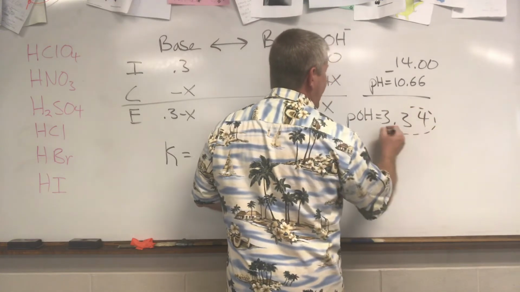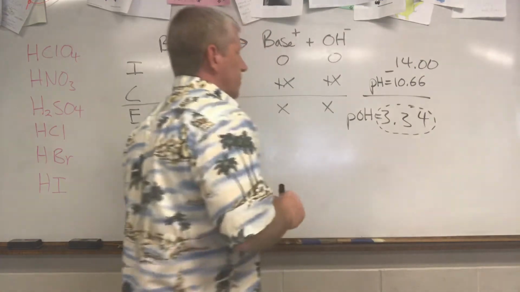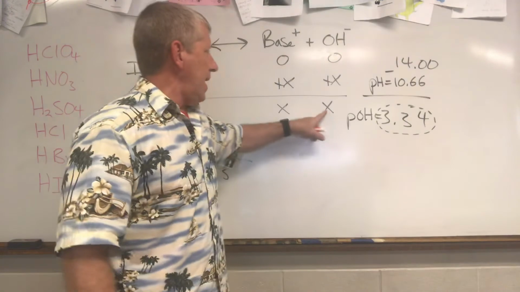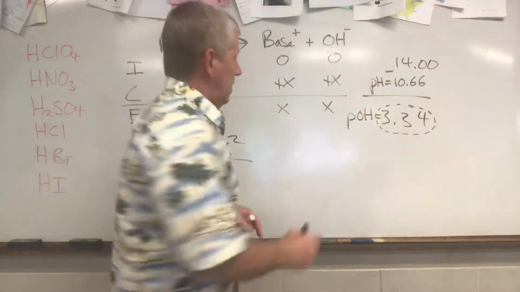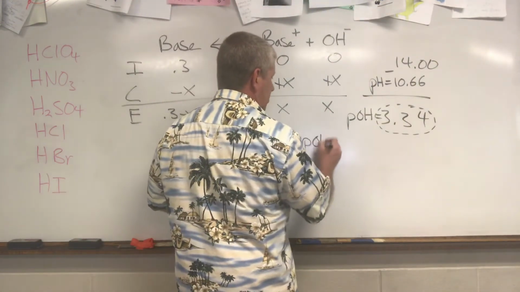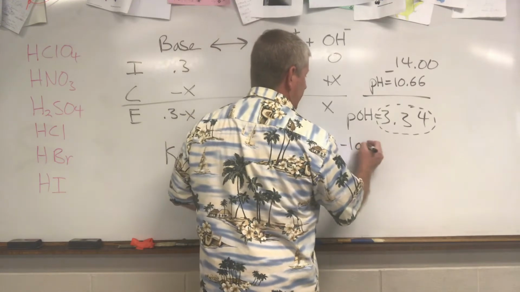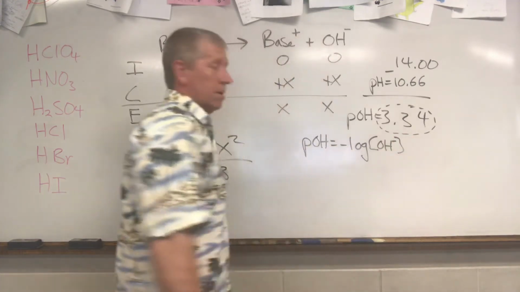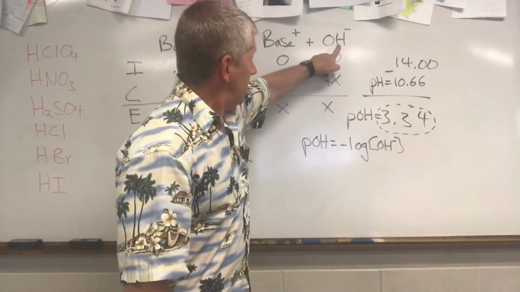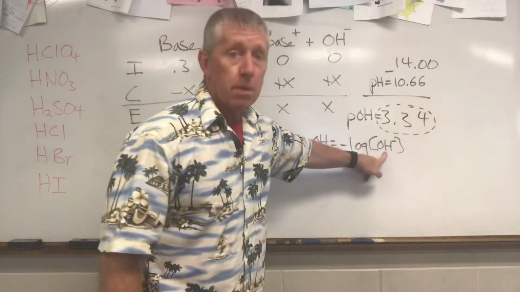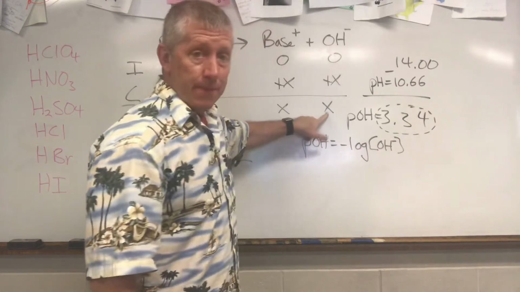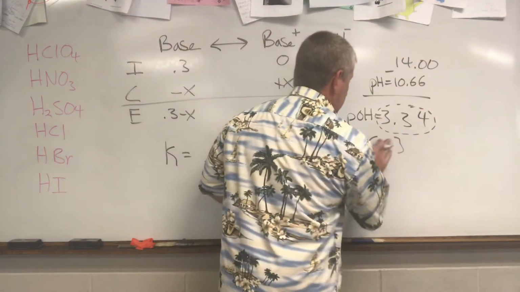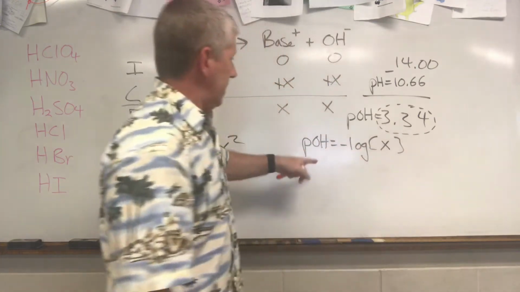So the pOH is 3.34. That doesn't help me directly, because that's not x. However, in our pOH equation, which is equal to negative log of OH, the OH is the x. Let's solve for it.